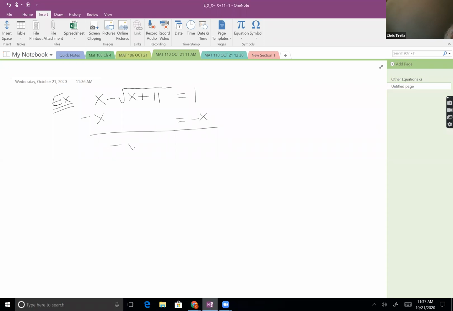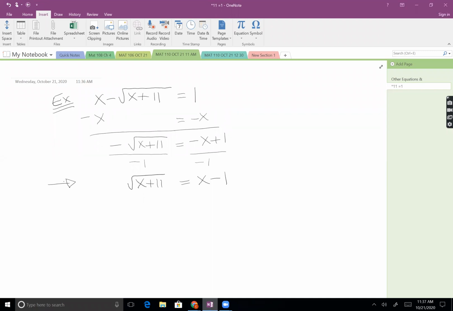Gives me the negative square root of x plus 11 is equal to negative x plus 1. Not quite all alone, so let's divide both sides by -1. Gives me the square root of x plus 11 equals x minus 1. Is everybody all right up to there? Solving the equation for the square root. Yes.